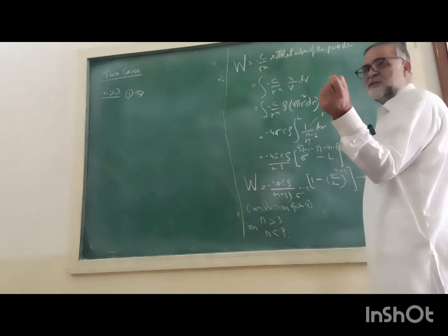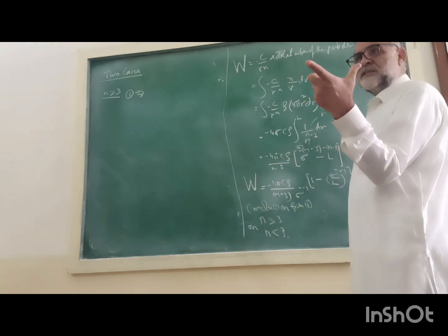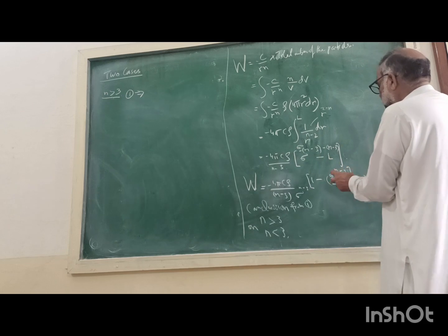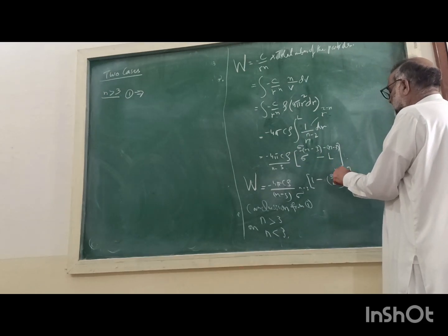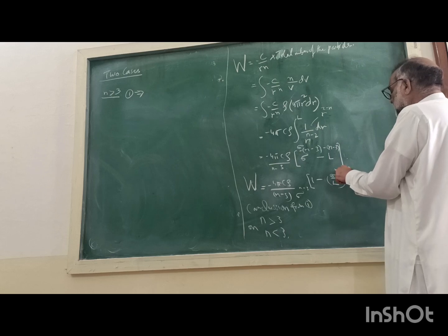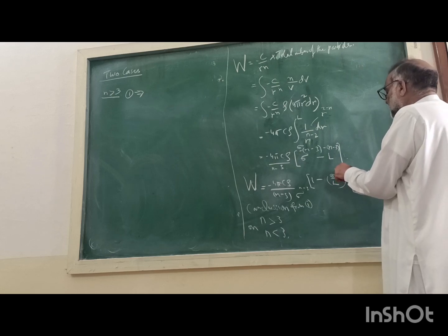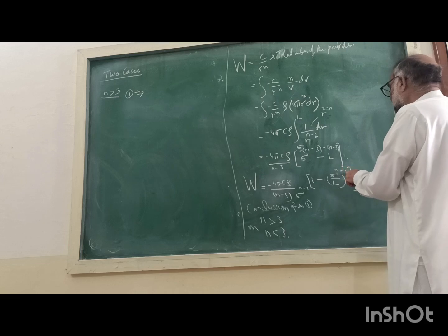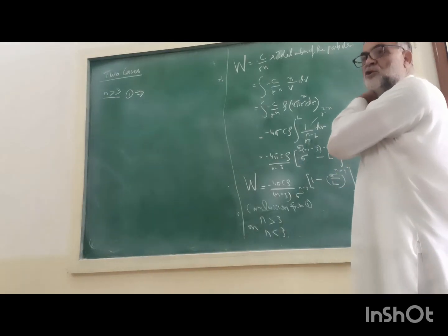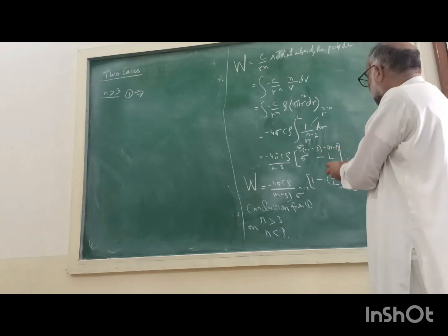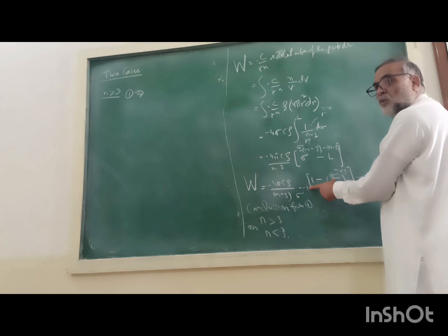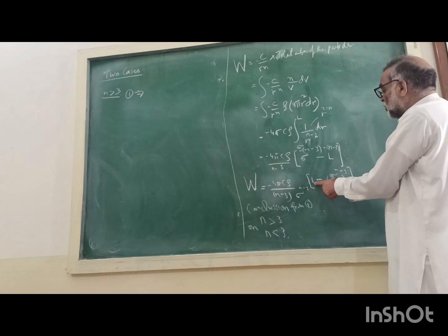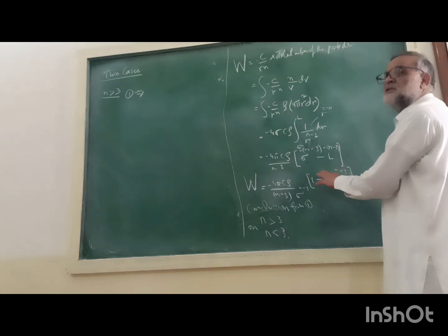Sigma is the size of the molecule and L is the separation between. So this ratio is very small. If n is greater than 3, suppose it's 5, then 5 minus 3 is 2. So a small quantity to the power 2 is very small. So this can be neglected in comparison with 1. So we can say that 1 minus the small quantity is equal to 1.